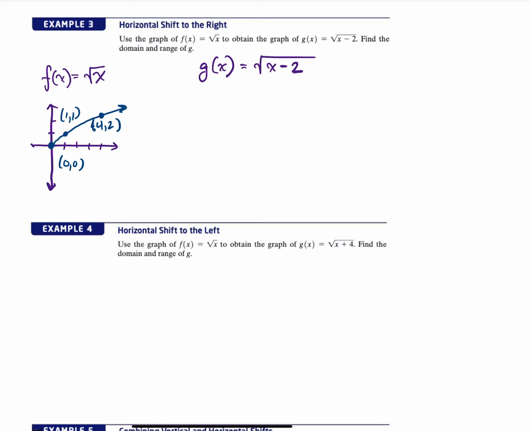When I see that, and it's inside of the function, underneath the square root, I'll say this should be a horizontal shift to the right 2 units. It might be helpful to do a little annotation like this in your notes to help you see, especially as we start putting multiple steps together.